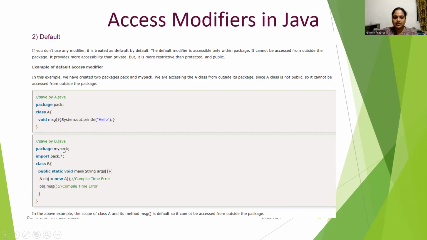Here we are importing it and creating one object: A obj equals new A. In the above example, the scope of class A and the method is default, so it cannot be accessed from outside the package. This is one package, this is another package. We cannot access this A.